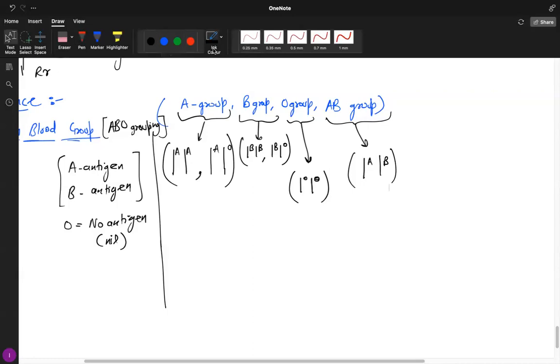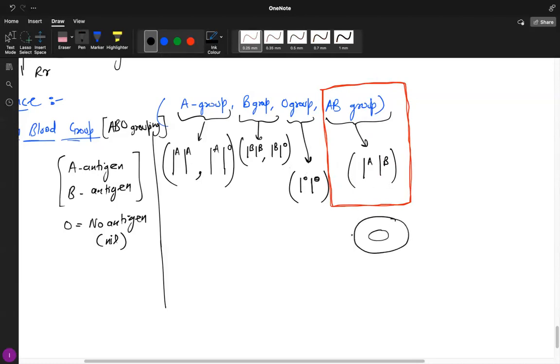Now, this is the scenario where we see codominance, right? Only this part of human blood group shows codominance, because there are two alleles, one for A and one for B, and both are expressed equally in each other's presence. If you see the RBCs of these people, you will find A antigen and B antigen, and both antigens are present throughout the surface of the RBC. So does this make sense that it is codominance?